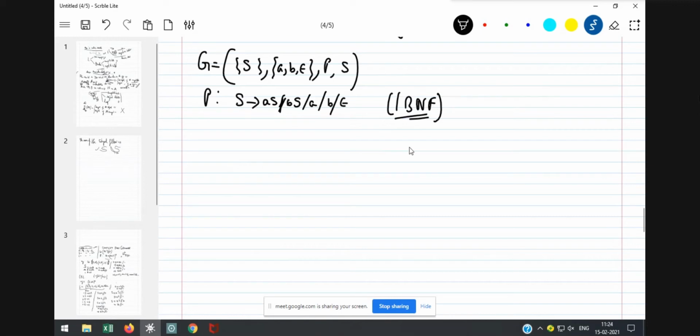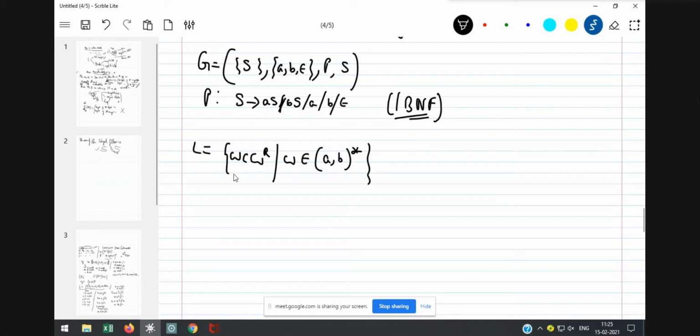Consider one language. L is equal to w c w to the power R, where w belongs to (a, b) star.